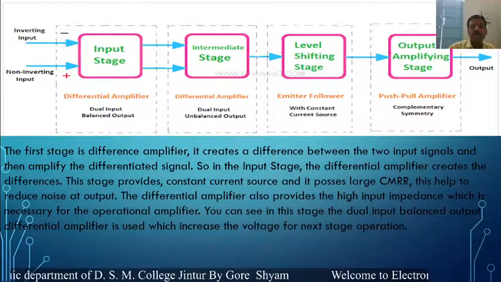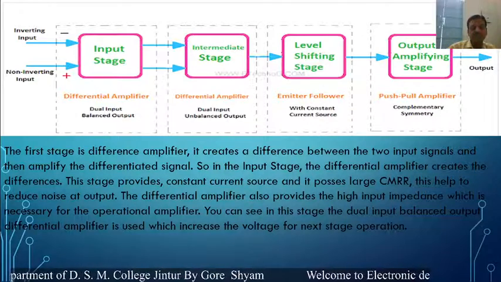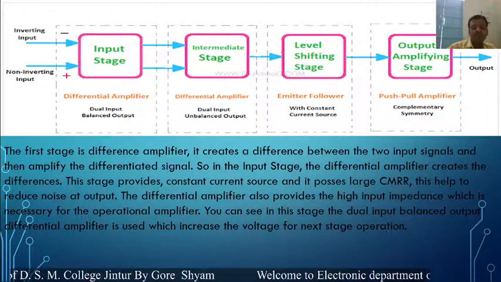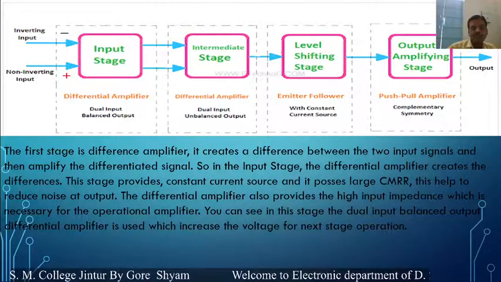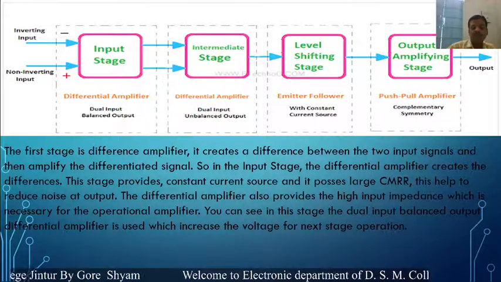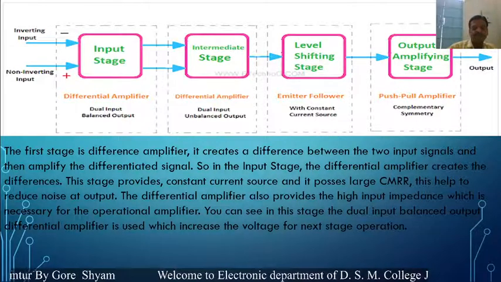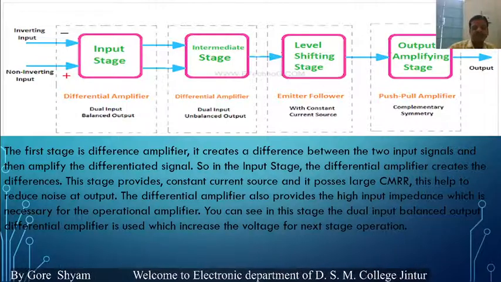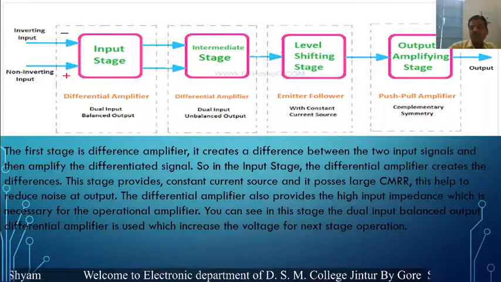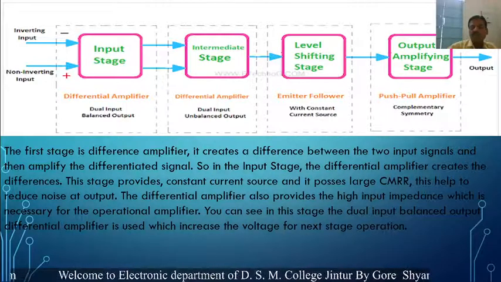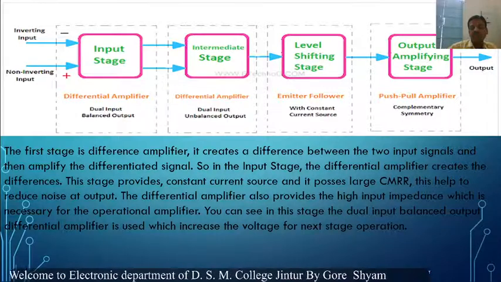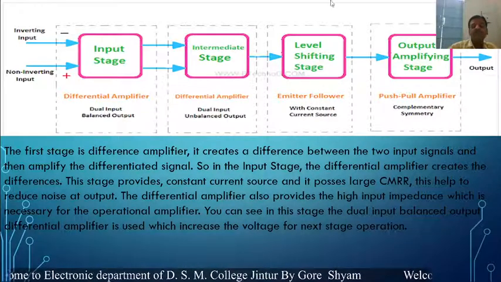If the common mode rejection ratio is large, that can reduce the noise which is produced at the output. This difference amplifier also provides very high input impedance, which is necessary for the operational amplifier. You can see this stage is dual input and balanced output, which increases the voltage gain for the next stage.